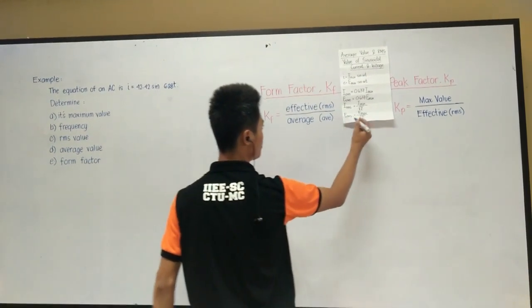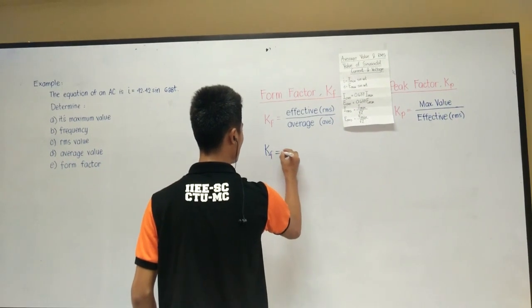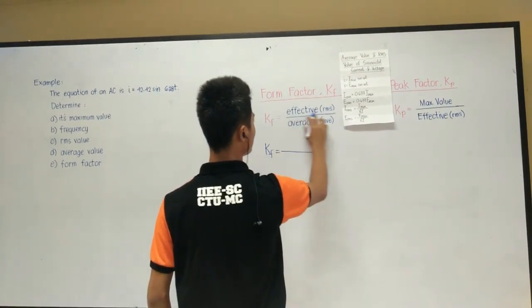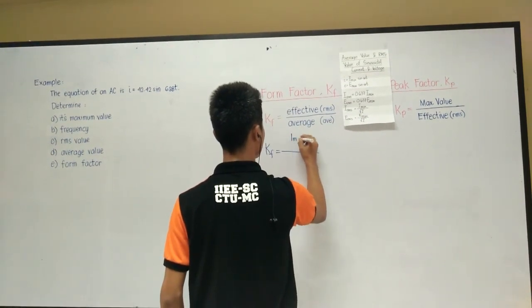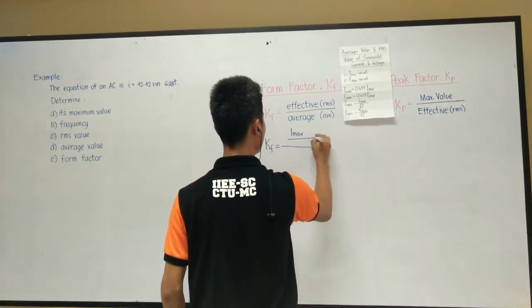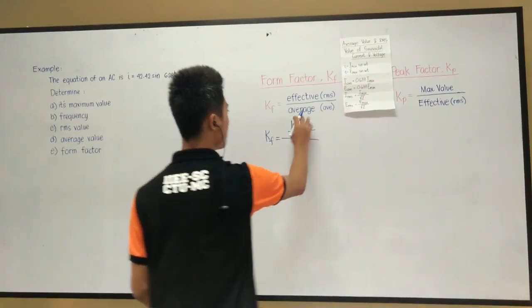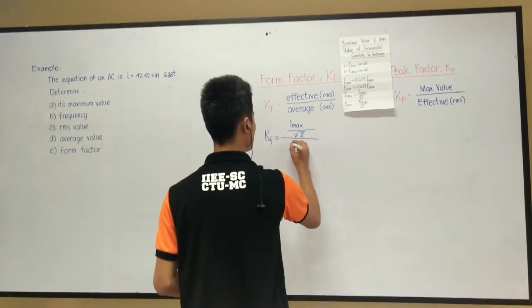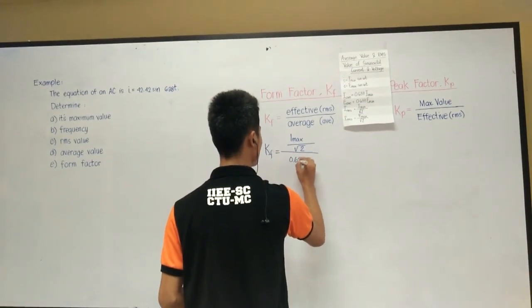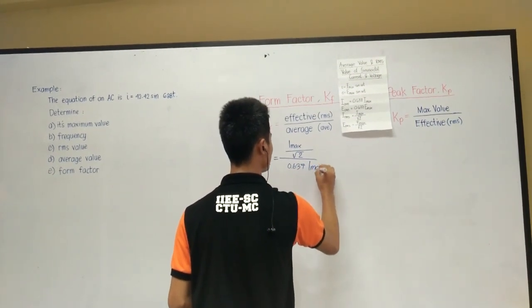So from our previous values, Kf equals our effective RMS, which is I max over square root of 2, and our average value, which is equal to 0.637 I max.